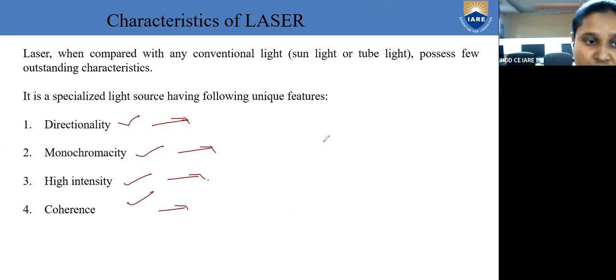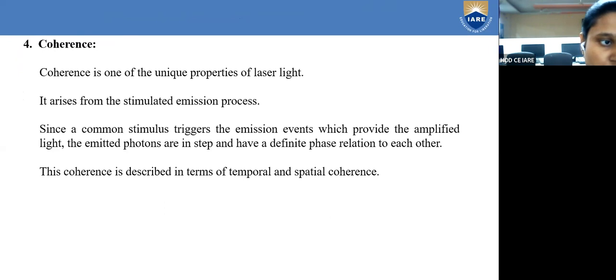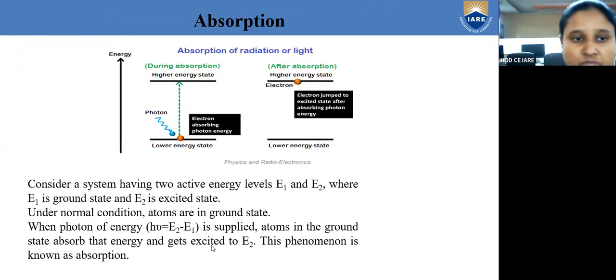After that we have taken some definitions. What is the first definition we have taken? The first definition is absorption. What is absorption, students? If we take two energy states, E1 and E2, generally if we don't supply any energy, all the atoms or electrons are present in the ground state.